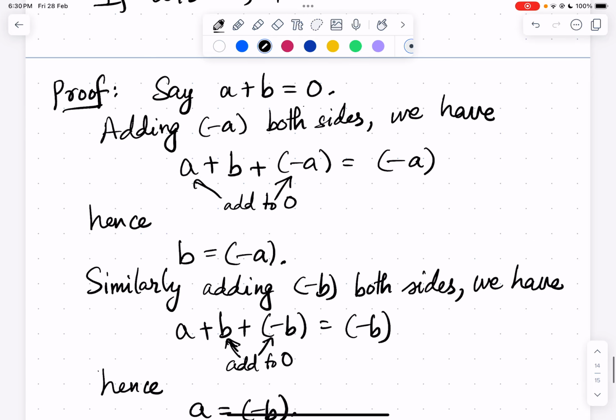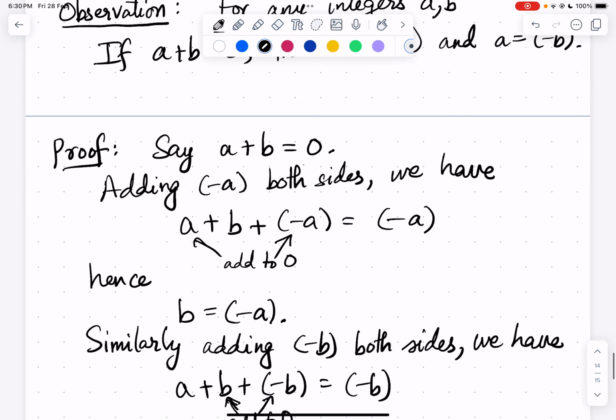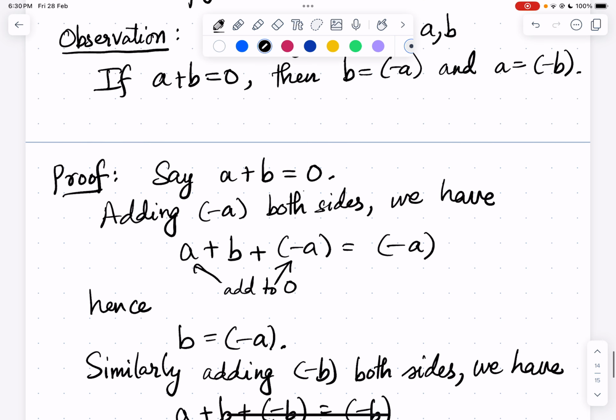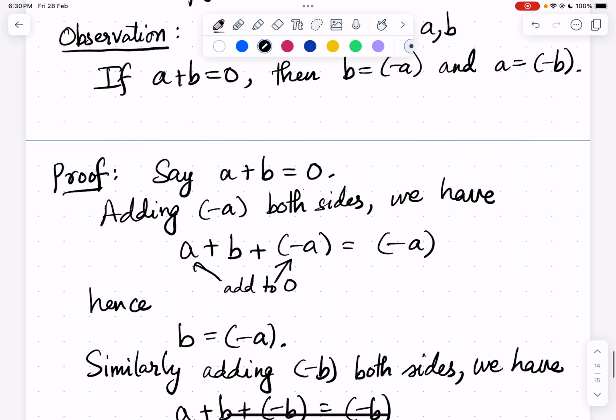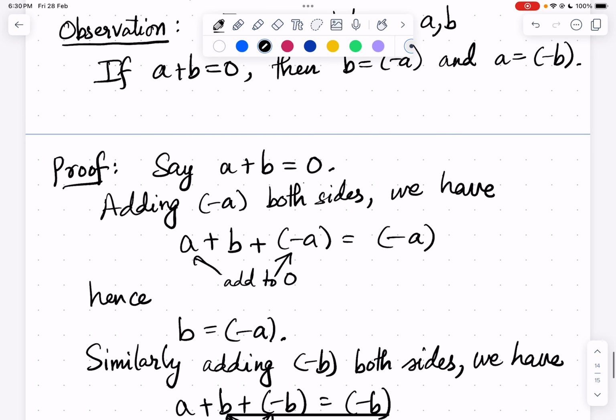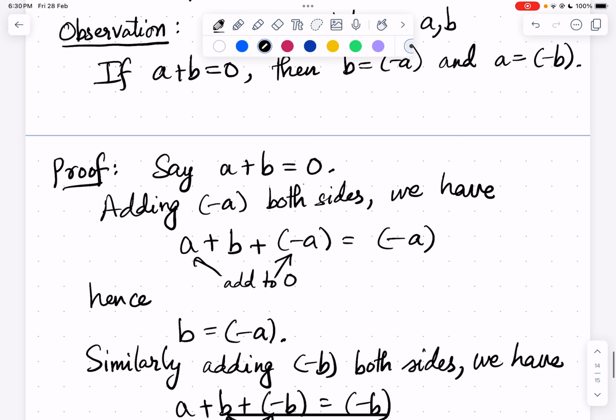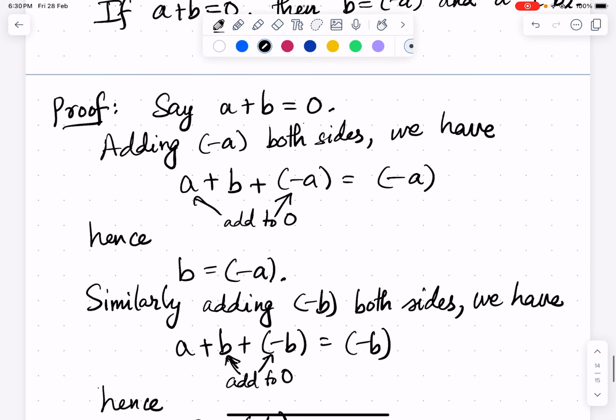So if a plus b equals 0, then one of the numbers is the minus of the other number. Okay, this is another basic observation.